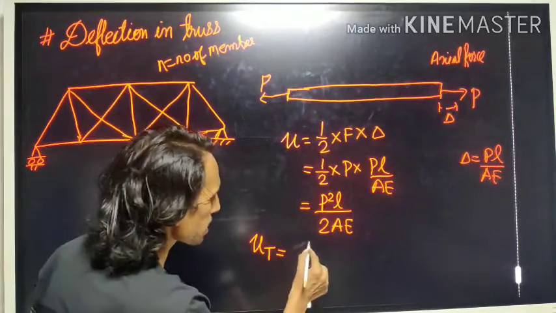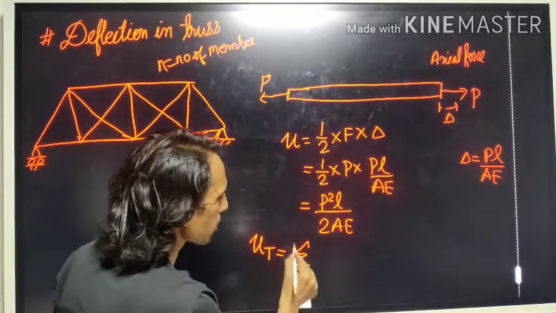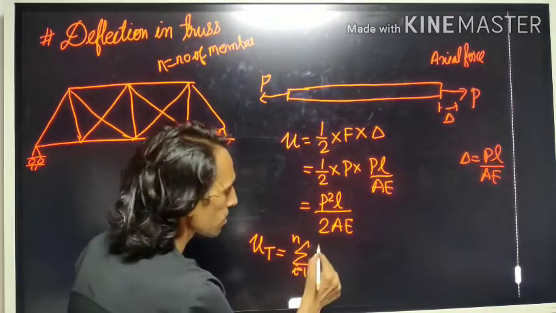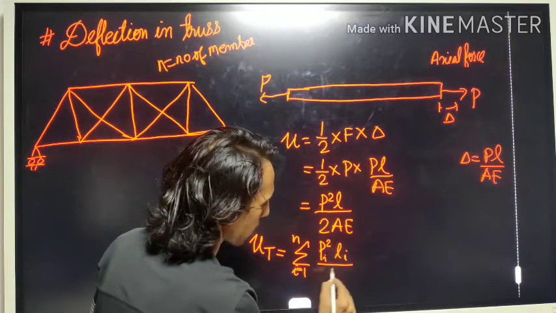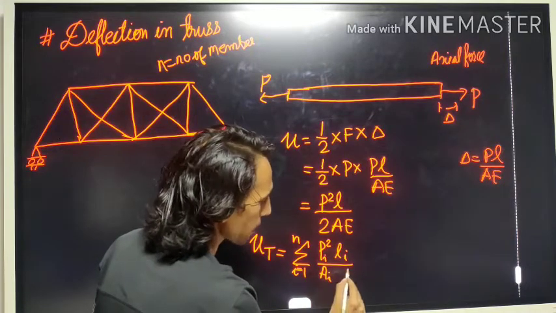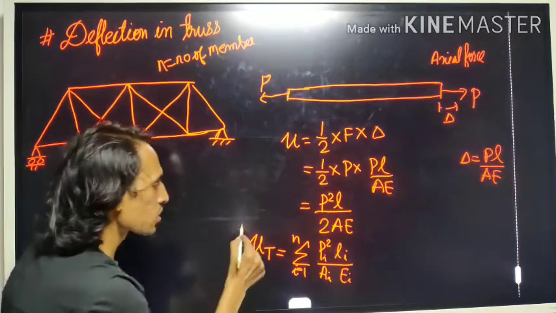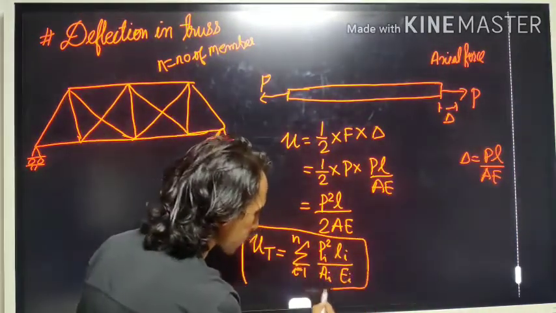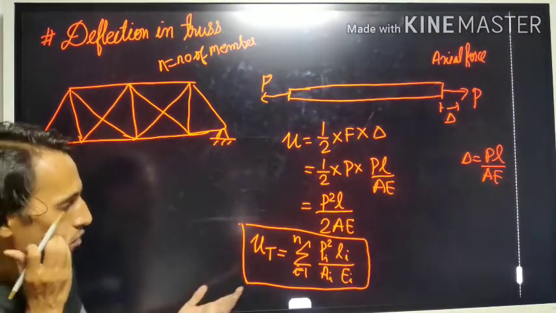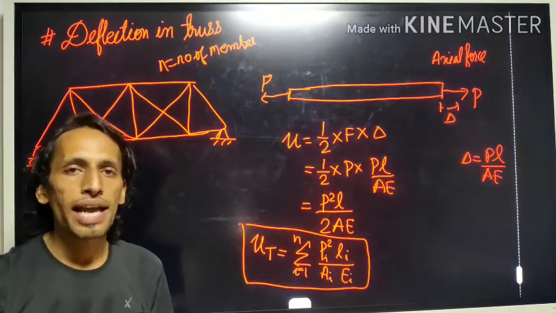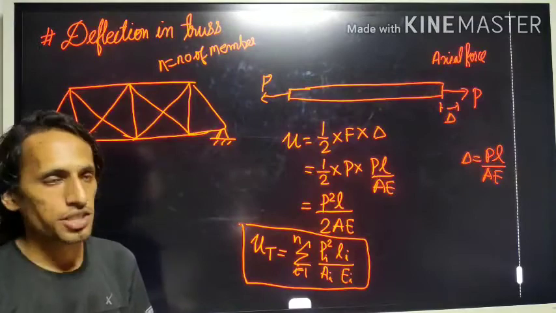So it will be the sum of strain energy from the first member to the nth member, that is, sum of Pi square Li divided by 2 Ai Ei. Okay, so this will be the strain energy for the whole truss.